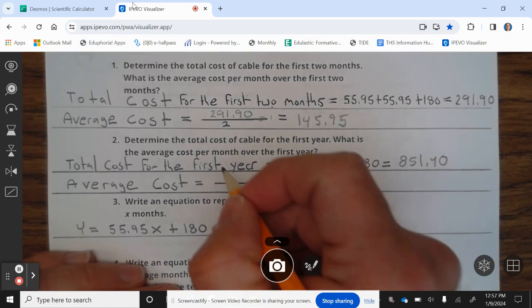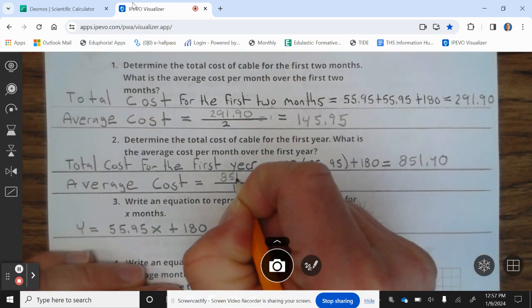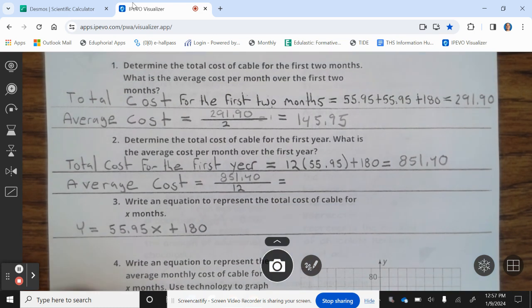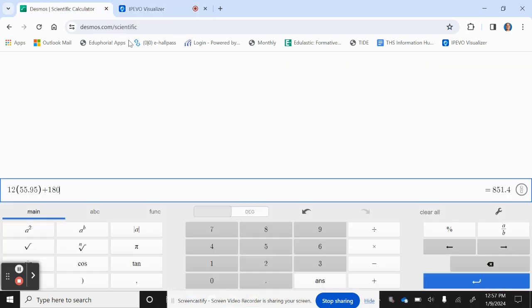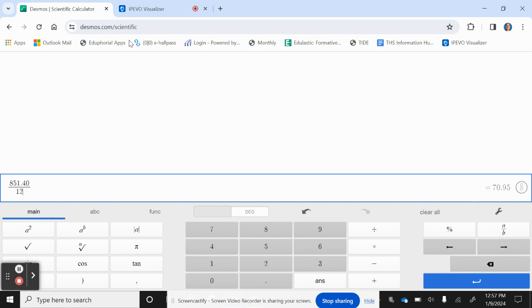The average cost would be $851.40 divided by 12, which is $70.95.